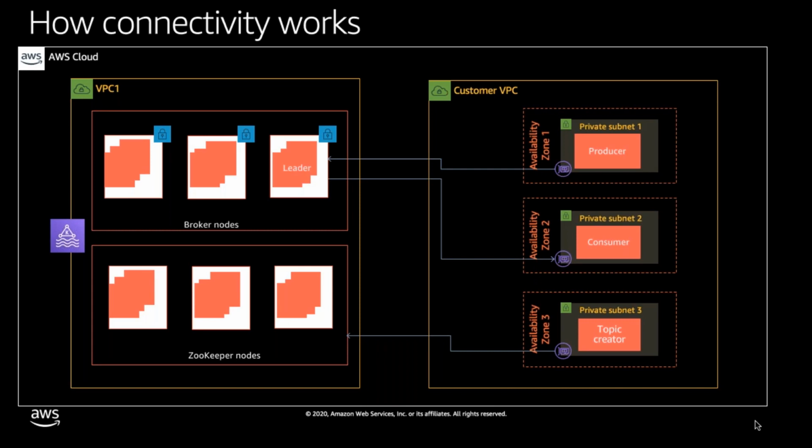The customer does not see any brokers or any Zookeeper nodes in their console. The customer only sees what are called ENIs, or elastic network interfaces. And the service itself takes care of all the configuration of the brokers and the Zookeepers and storage behind the scenes. So Amazon MSK is secure by default. And for the VPC connectivity, this slide just shows one way towards that.